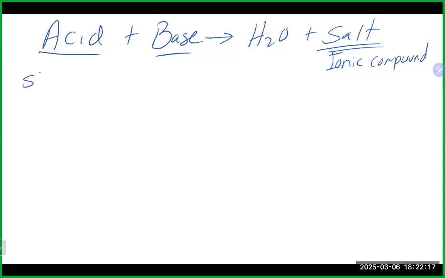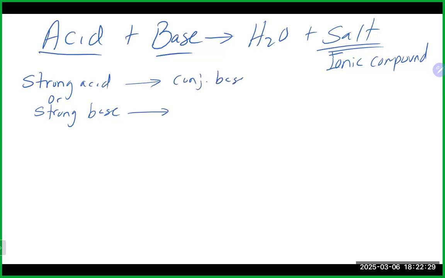If I have a strong acid or a strong base, the partners to each of those, which are the conjugate base or the conjugate acid, are they strong or weak? What is the relationship there? It is, as we talked about, an opposite relationship.